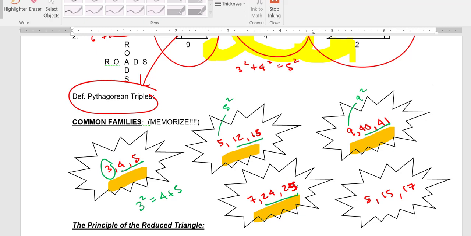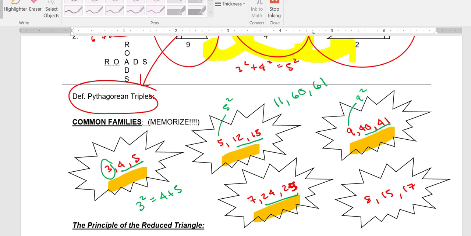You can do that with any odd number for the first, the smallest number in the triple. So for example, 11: 11 squared is 121, so it's going to be 60 and 61. And that would be another triple. There's an infinite number of these triples.